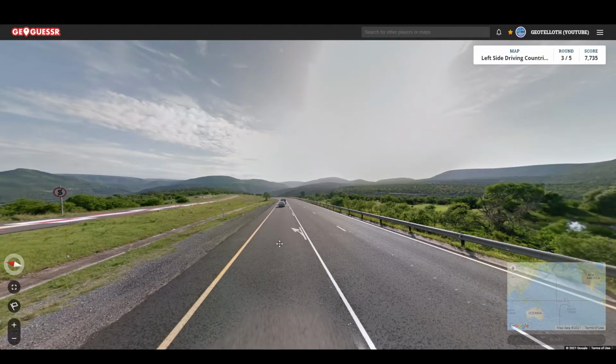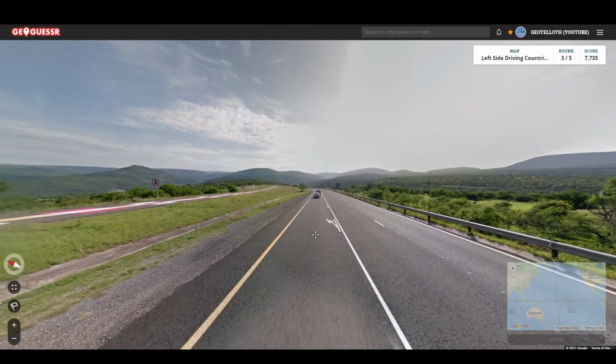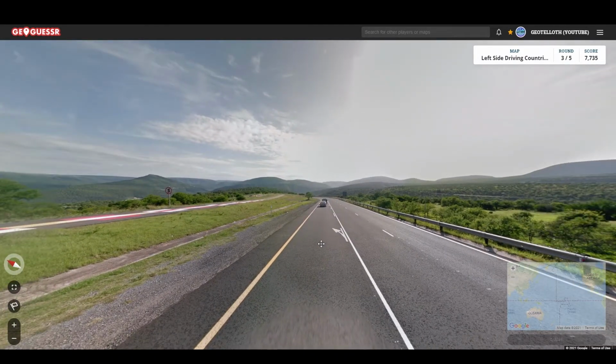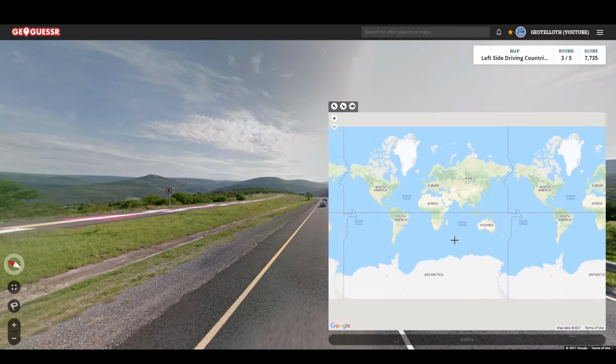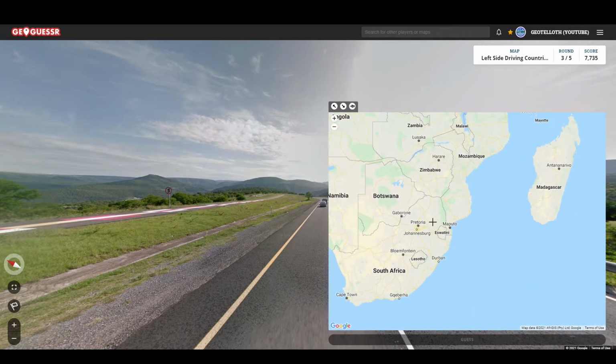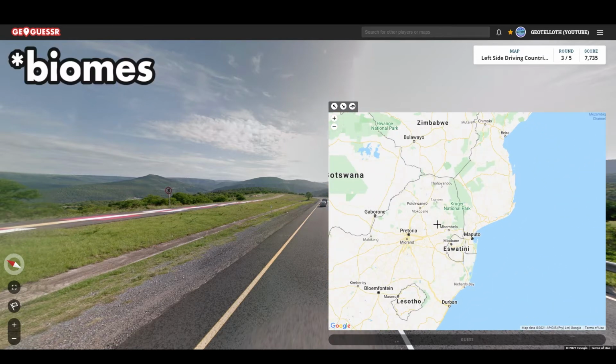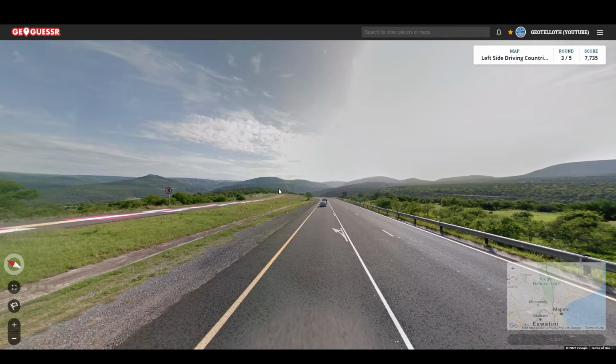This looks a little more green than I would have usually expected to see in that part of the world. But of course, South Africa is a vast, vast country and does have a lot of different sort of regions, and definitely has regions that look like this.